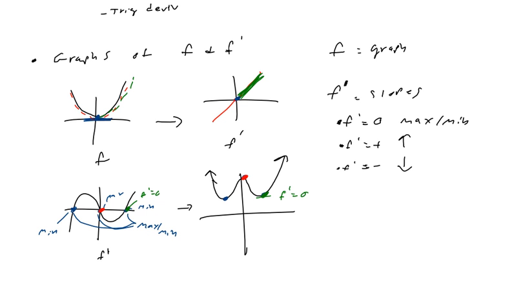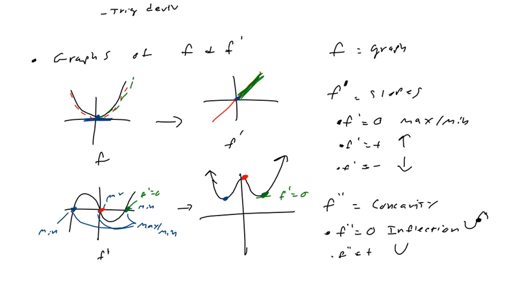You also have a second derivative. This is the concavity. If F double prime is 0, this is a point of inflection, where the graph changes from concave up to concave down, right here. If F double prime is positive, that means it's concave up.